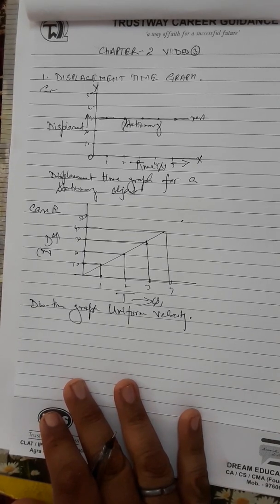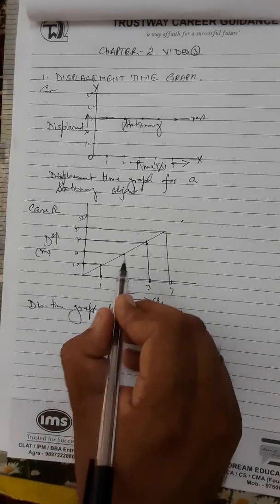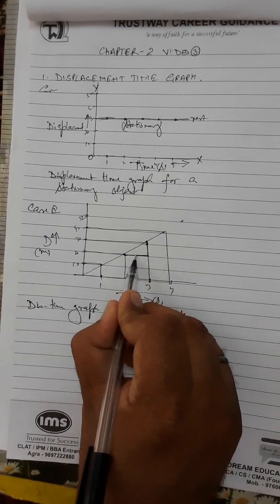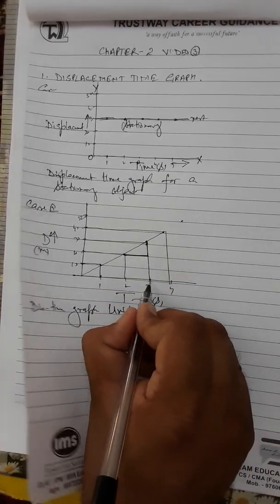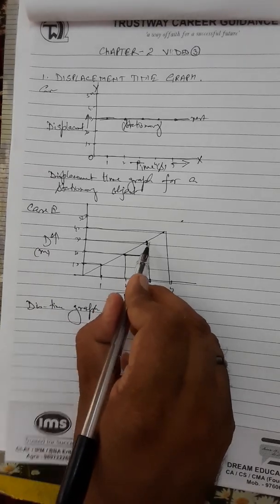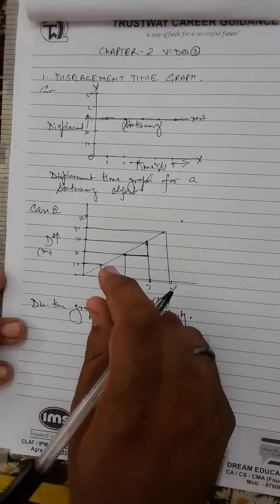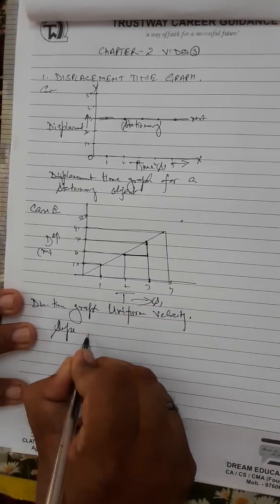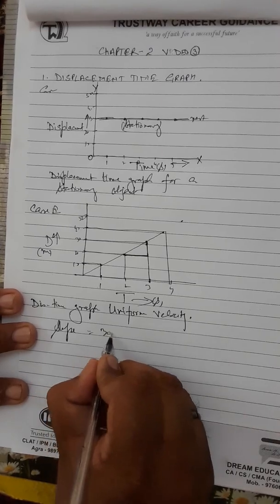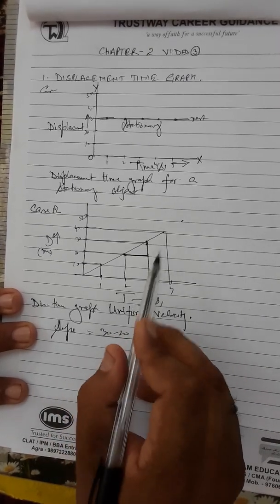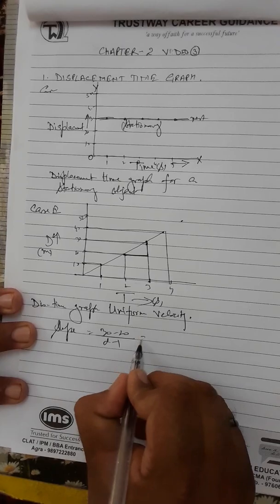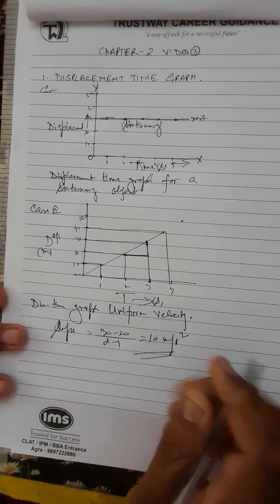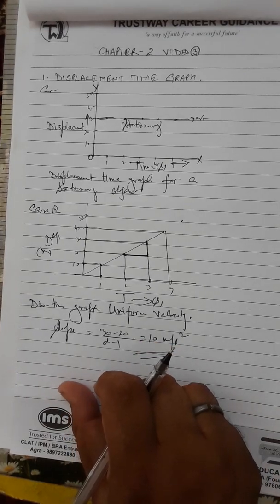If we consider this triangle, time is 3 minus 2, displacement is 30 minus 20. So the slope or gradient will be 30 minus 20 upon 3 minus 2, that is 10 meter per second. This will be the slope of the graph.